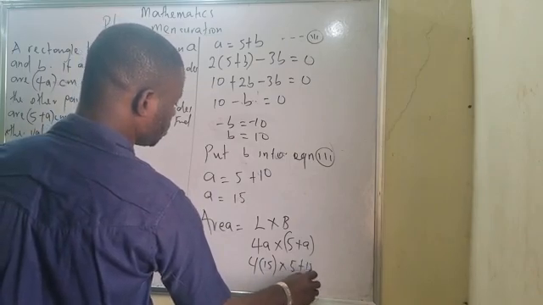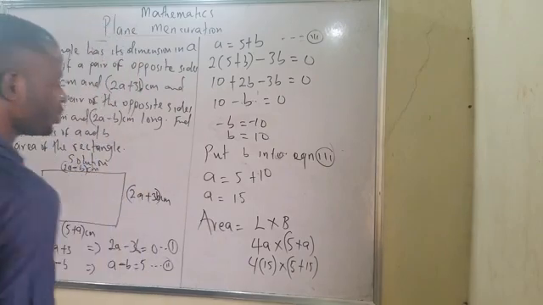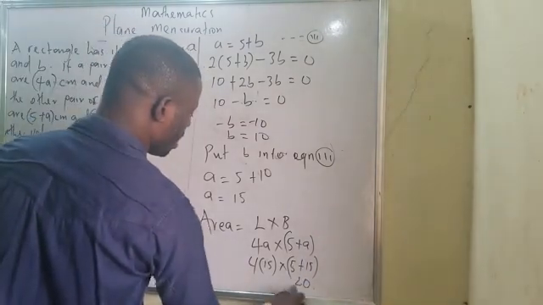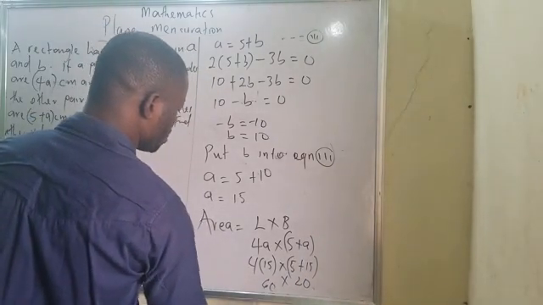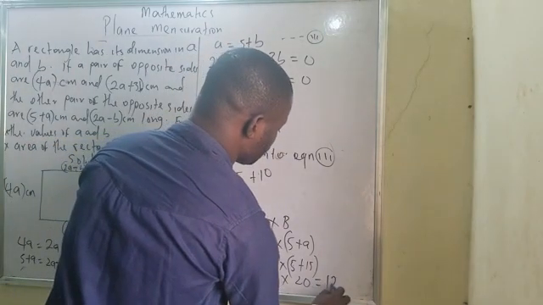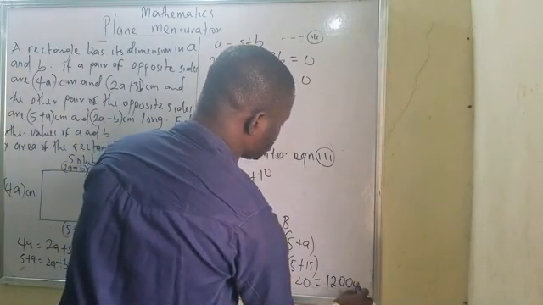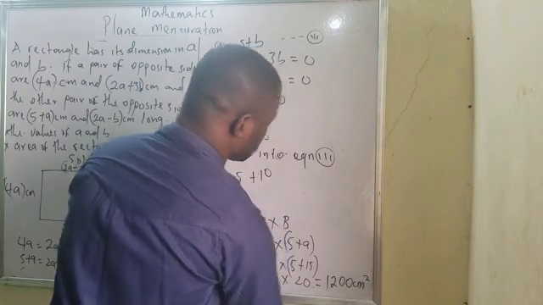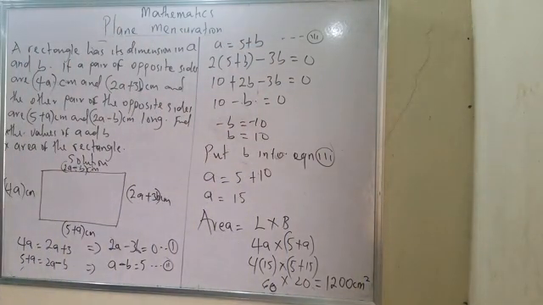By so doing, I have 20, multiplied by 60, and whatever I do, 6 times, that will be 12. That will be 12. That is the area we are talking about.